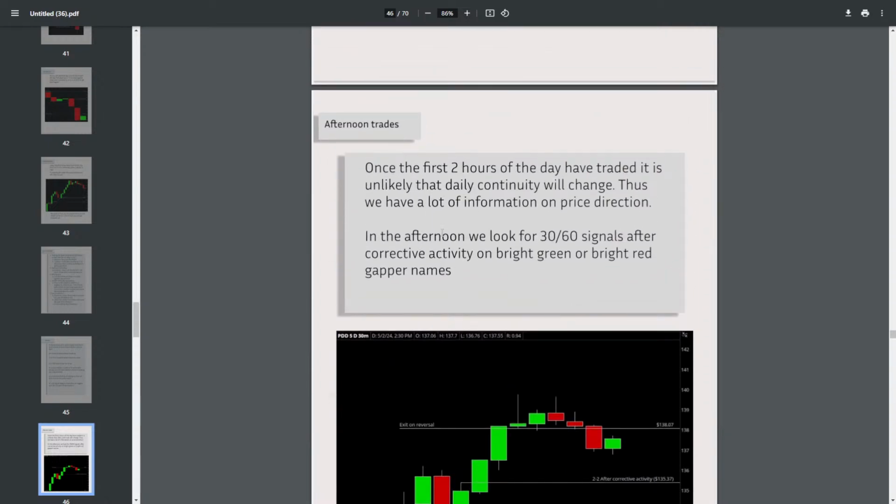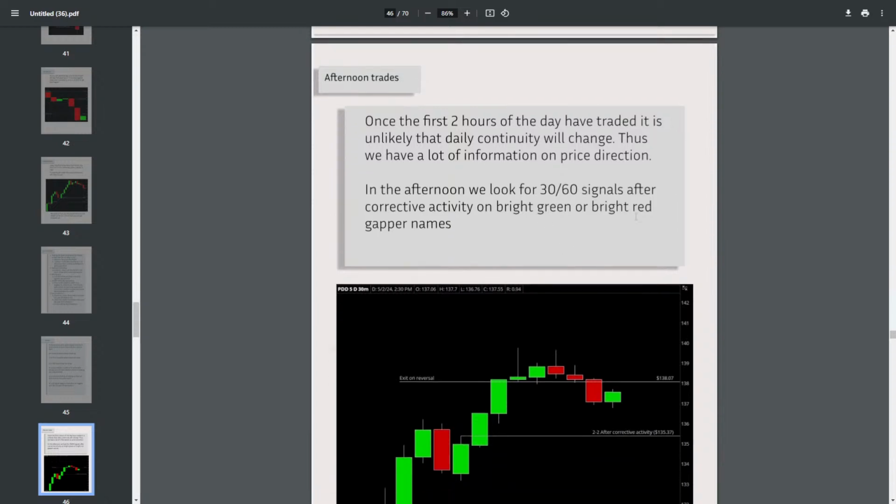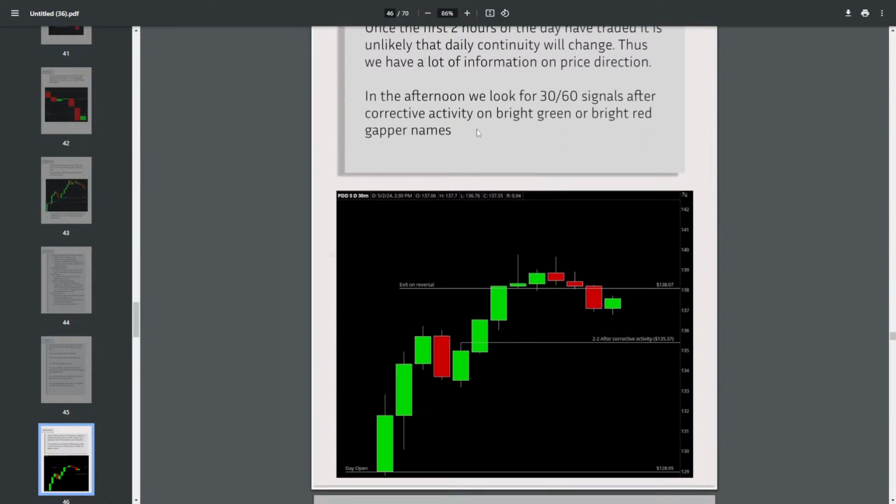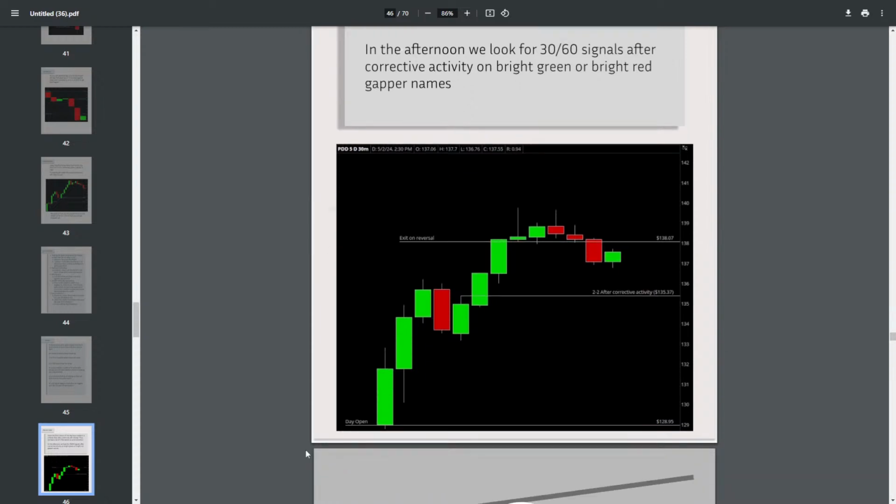So in the afternoon, we want 30-60 signals after corrective activity, bright green or bright red gapper names. We don't want to mess about with things that are dojis on the day because they're doing nothing. So as we'd already shown, bright green and then additional signal. This occurs well into the afternoon because this is 1, 2, 3 hours into the day right here.